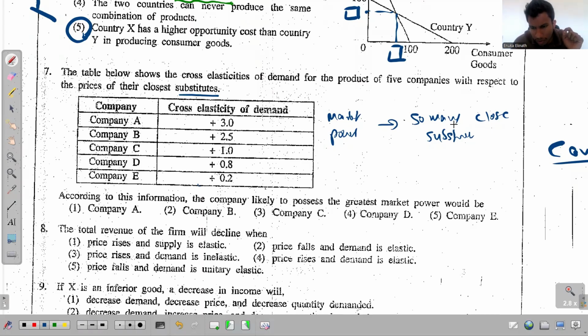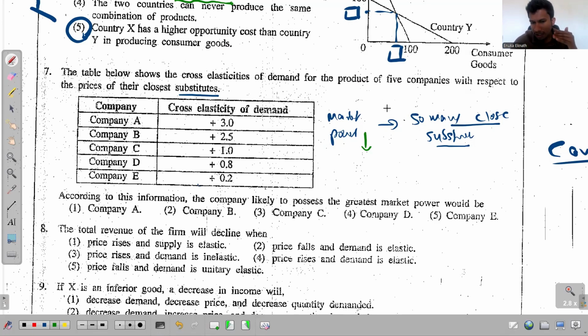When there are so many close substitutes, the market power will be very low because we have other competitors. And even those competitors have acquired a significant portion in the market. So the portion of the market that we have acquired is very little when we have so many other competitors.